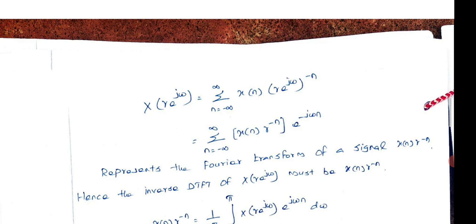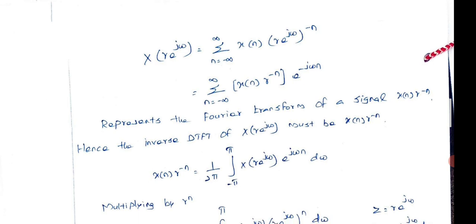In the summation over n from minus infinity to plus infinity of x of n z power minus n, we write r into e power j omega, whole power minus n. We can split this as x of n r power minus n into e power minus j omega n.